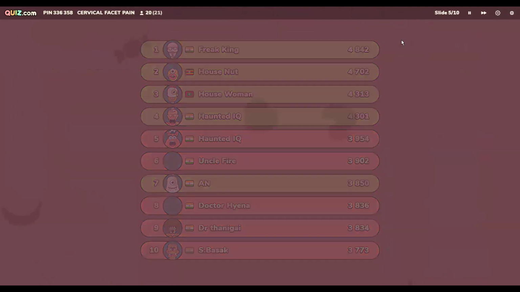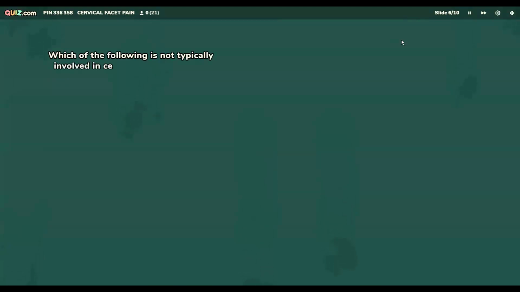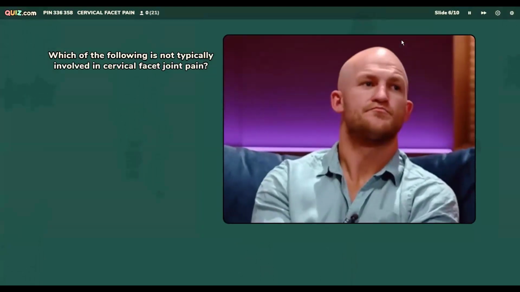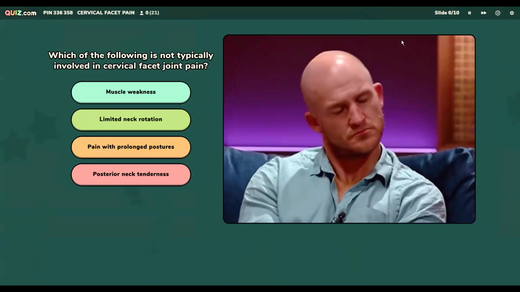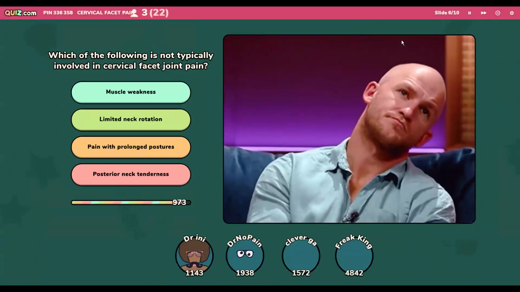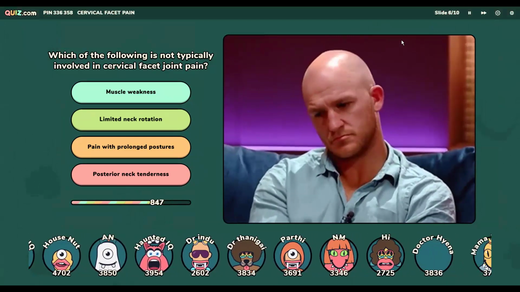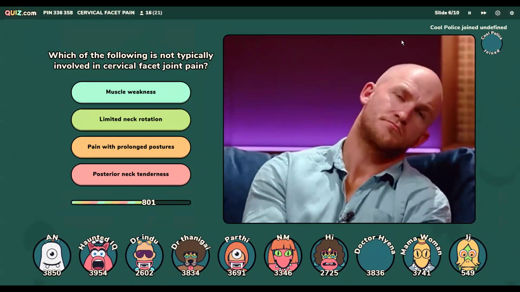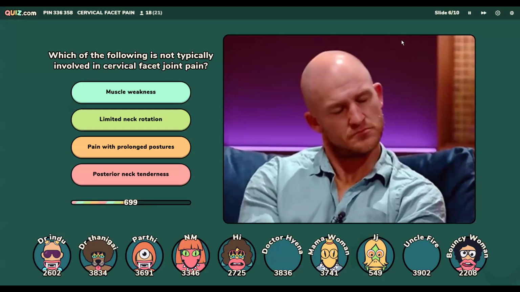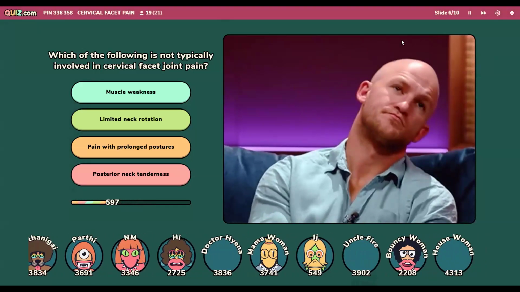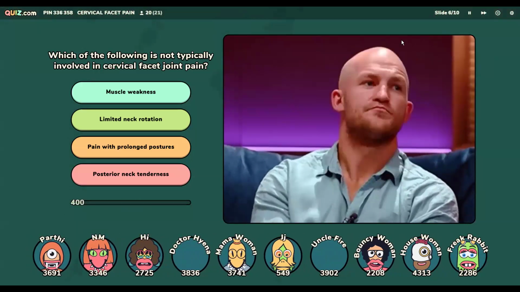Which of the following is not typically involved in cervical facet joint pain? Muscle weakness.